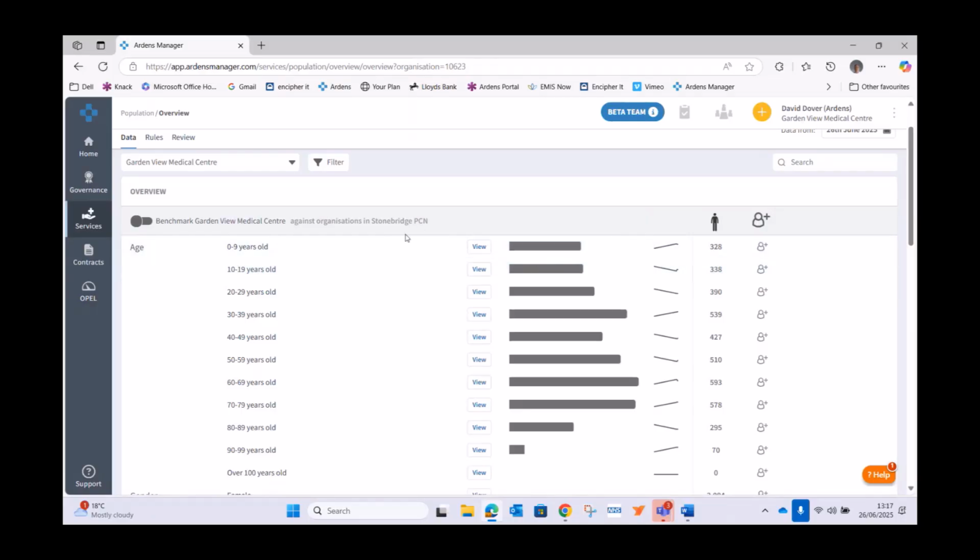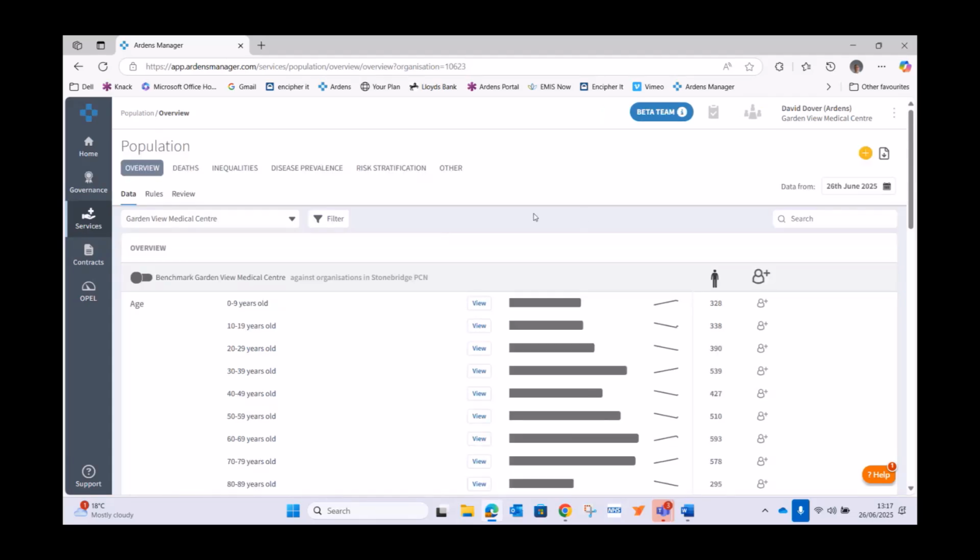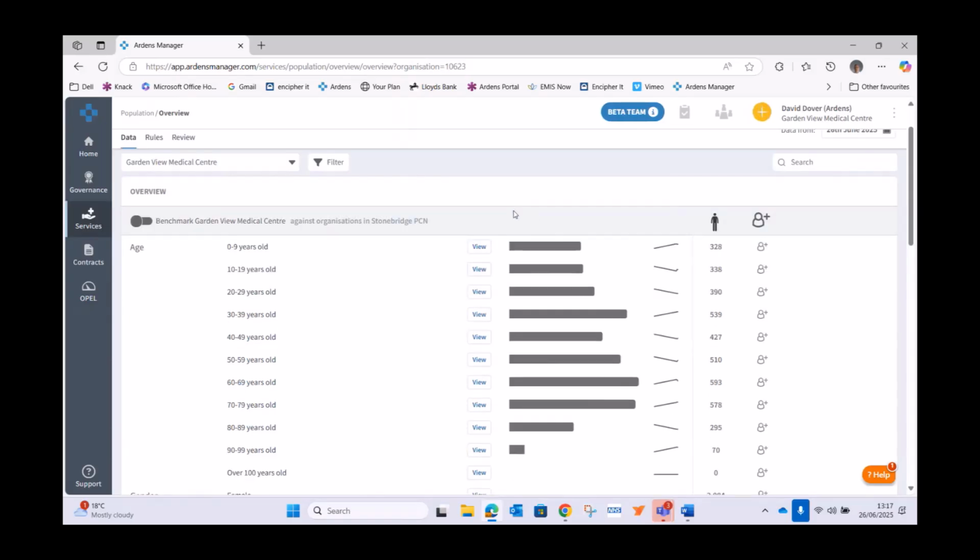But if we're thinking about demand for appointments, capacity, patients seeing the right people at the right time, then looking at your overall population needs can give you a heads up as to what problems you may face in the future. Obvious examples of that, as you can see on mine, for my children here, it has increased quite significantly. So if we do register new families, new children to the practice, as a practice, what does that mean to me?